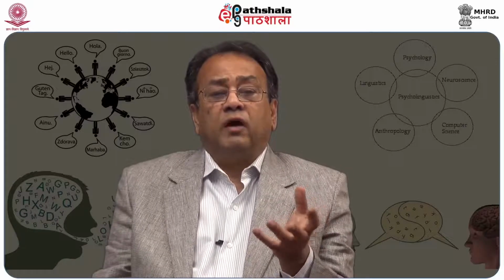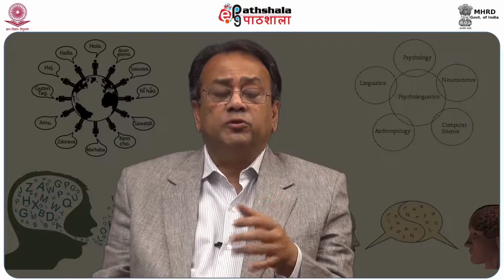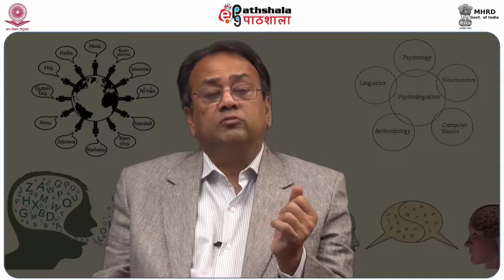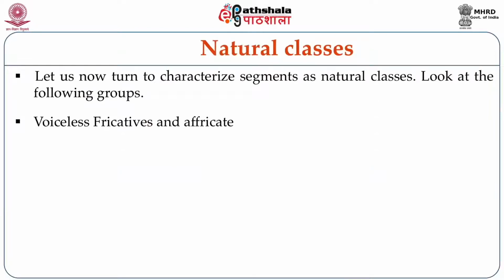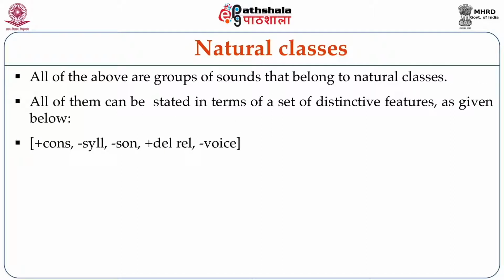One which deals with consonants only, the other which deals with vowels only, and the third which deals with vowels and consonants. Thus, among the consonant features, we have voiceless fricatives and affricates. What are the features that are used to characterize them? Plus consonant, minus syllabic, minus sonorant, plus delayed release, minus voice.